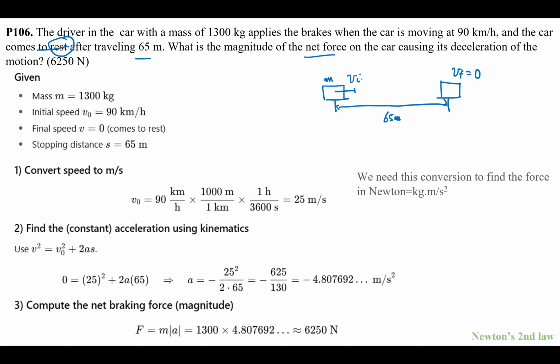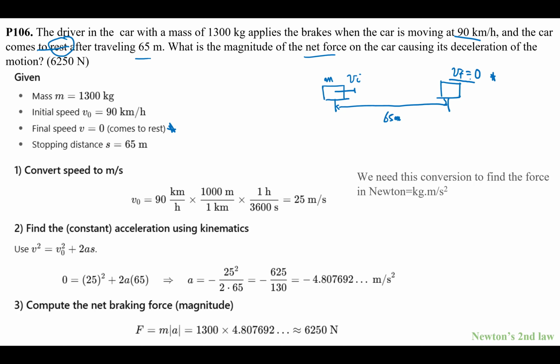So v_i is given numerically, mass is given, and the final velocity is also given. Okay, and then this is the very important step to understand what is going on. The car comes to rest, which means the final velocity is 0.